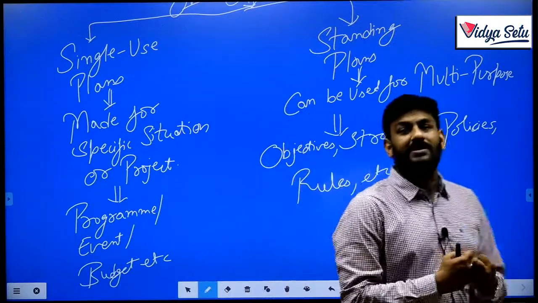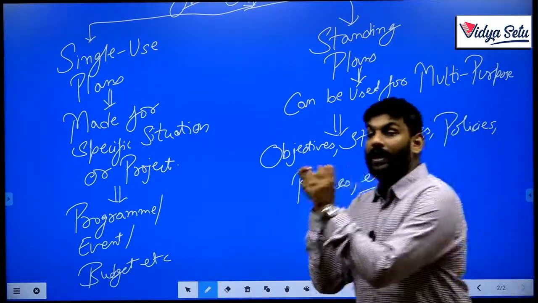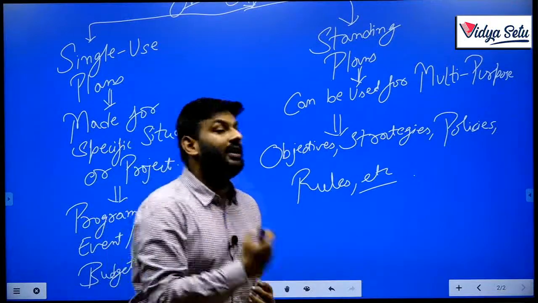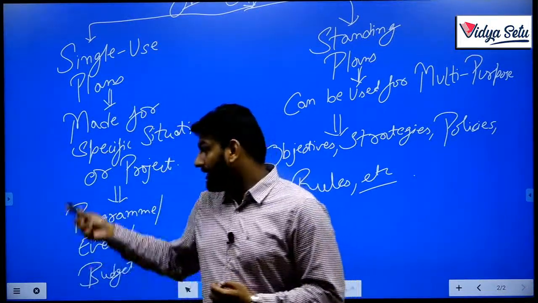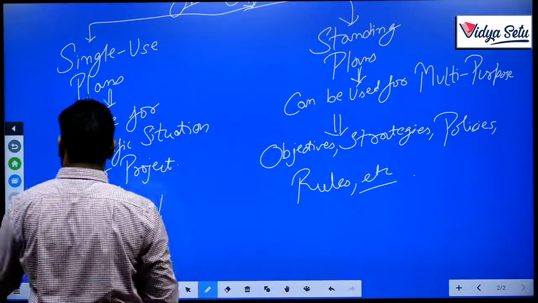So this is the basic concept we learned about single use plans as well as standing plans. Now let's read the concept. What is the main concept behind the single use plan and standing plan? Clear? Let's see.